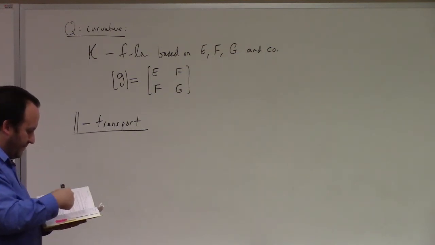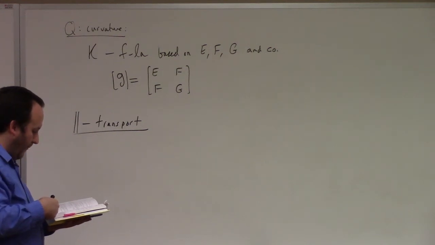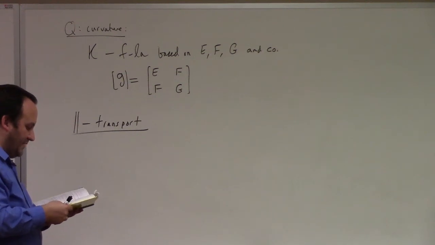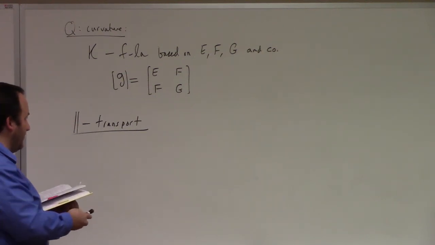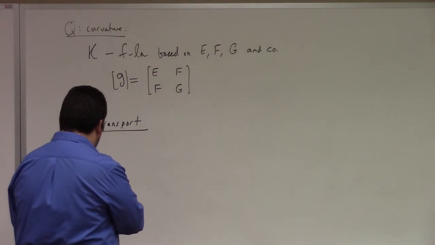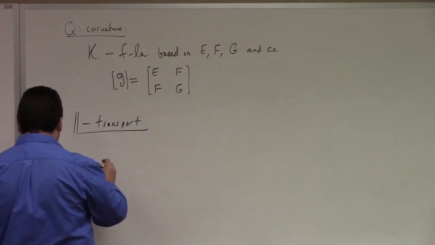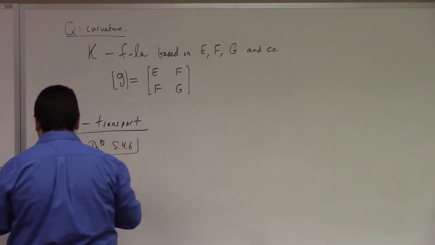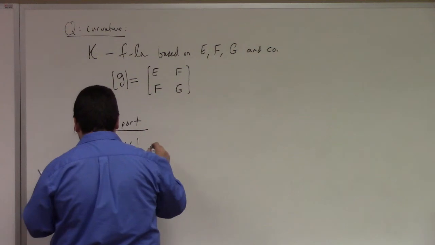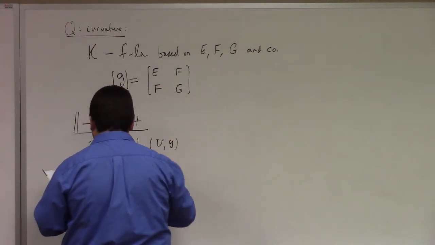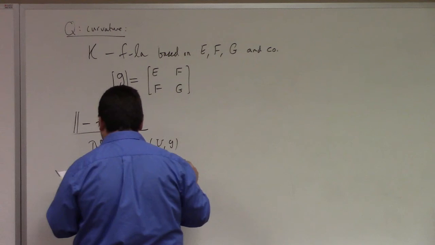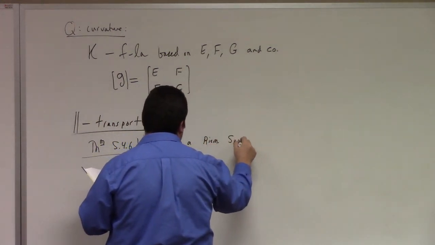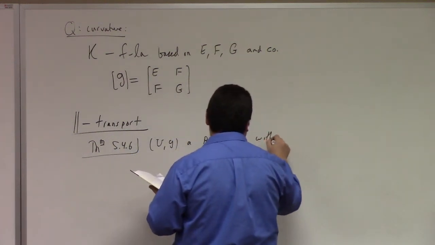Where's that? I think it's Theorem 5.46, really. It tells us what's what, right? It says: let U, G be a Riemannian space with corresponding Riemannian connection nabla.